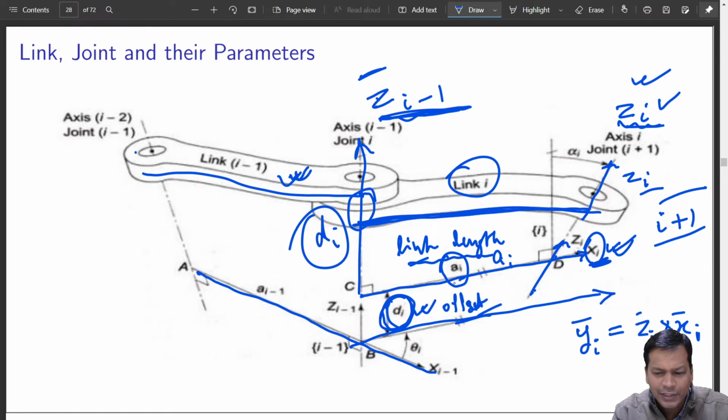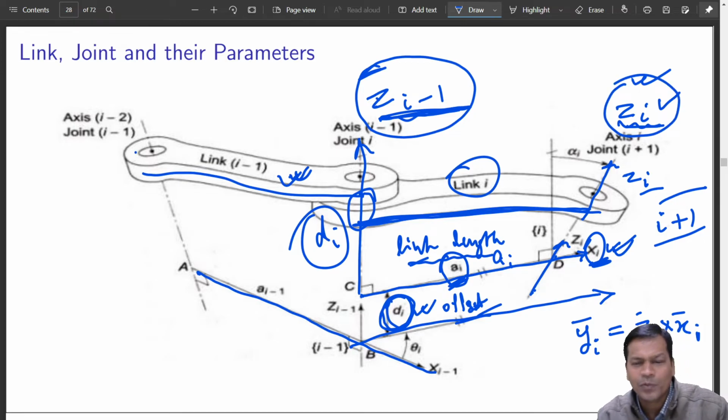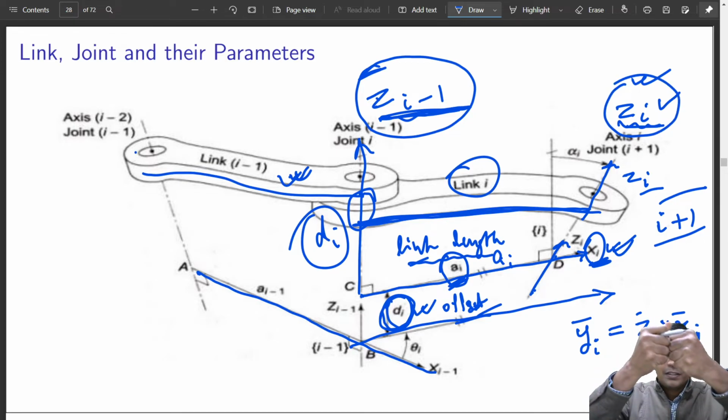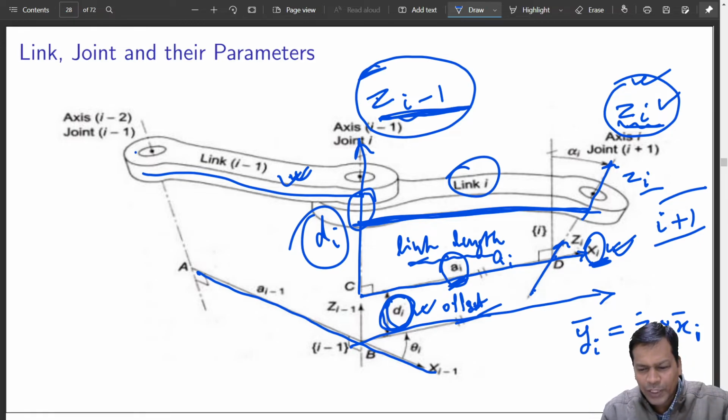This is your link length ai, and there is one more term, skewness, that is the twist between zi and zi minus 1. Both the axes are at a distance, so this link itself can be a twisted one, right? That twist angle is the rotation about the xi axis by an angle alpha i.